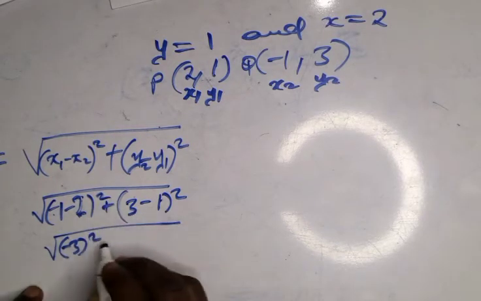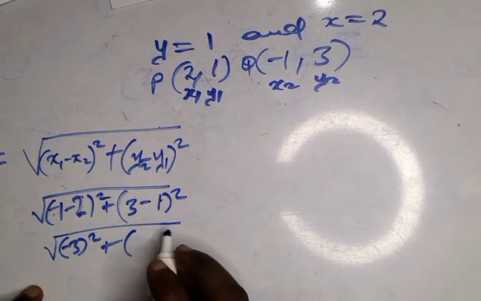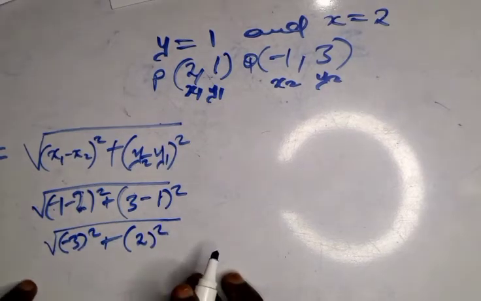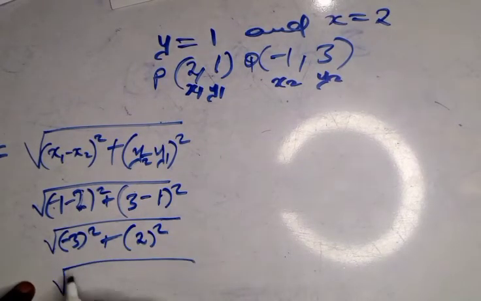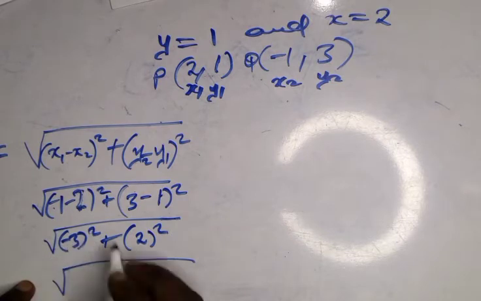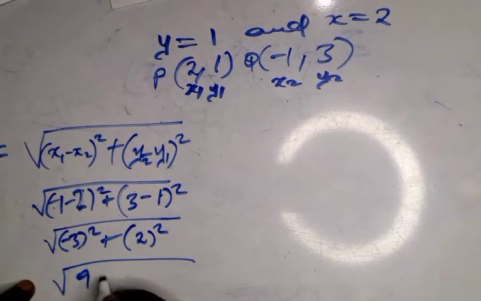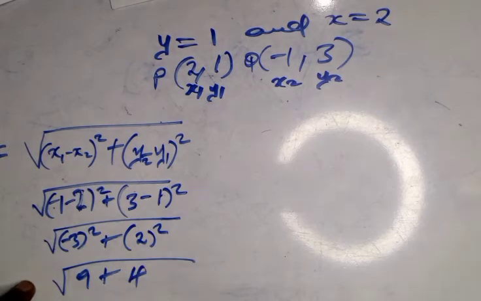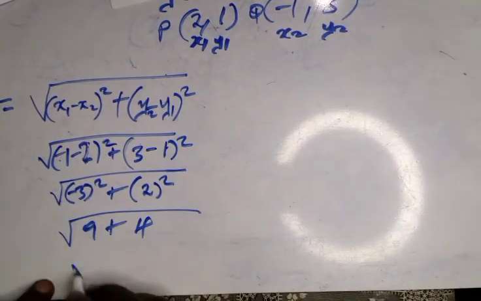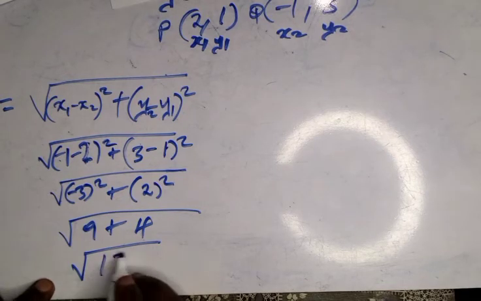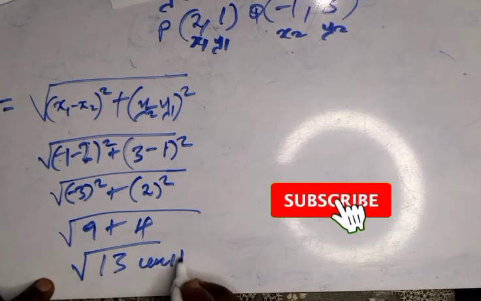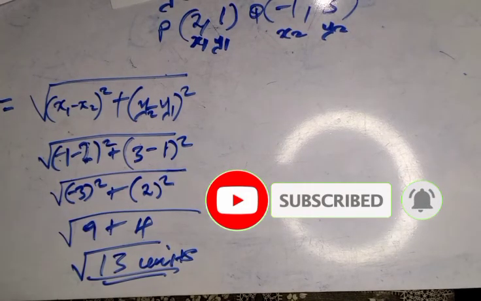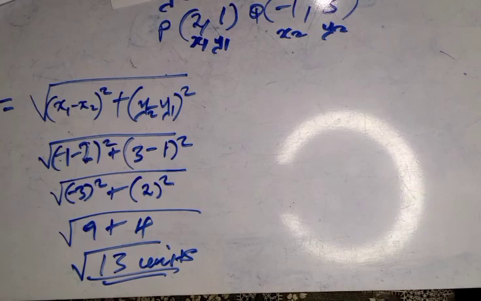Here there's plus, then 3 minus 1, which is 2 squared. Then square root of negative 3 squared is going to be 9 plus 2 squared, which is 4. So our distance will be square root of 13 units. So we have found the value of the distance.